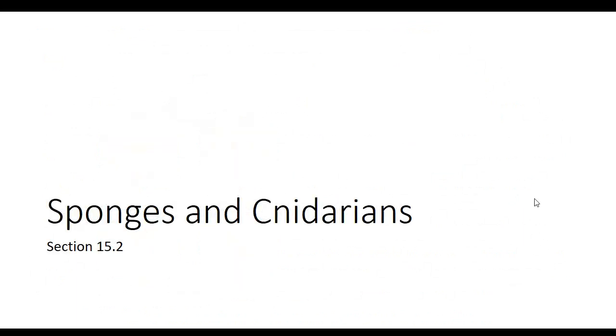Okay, let's look at some of these important groups of animals. Remember we learned kingdom, phylum, class, order, family, genus, species. There are about 35 phyla in the animal kingdom, 35 groups of animals at that phylum level.